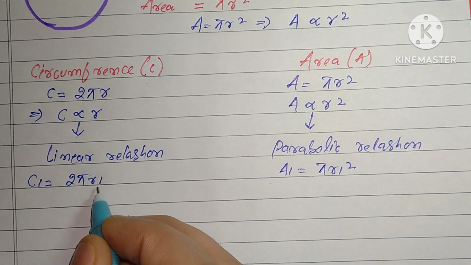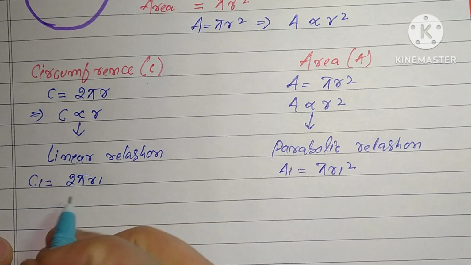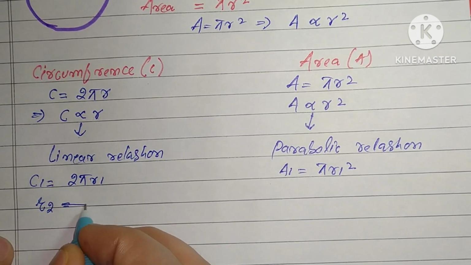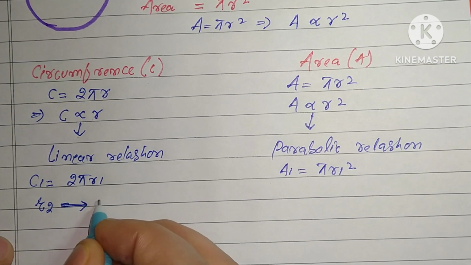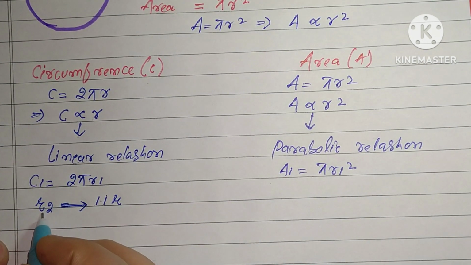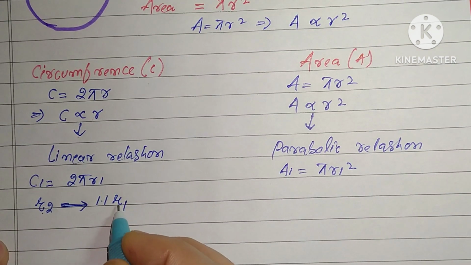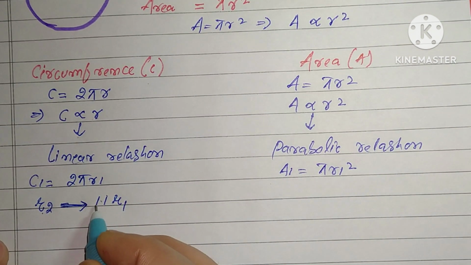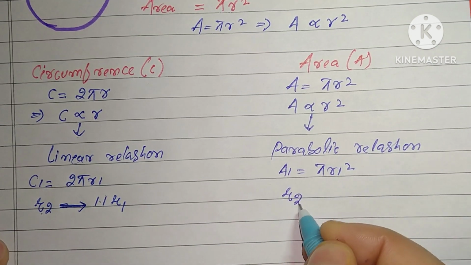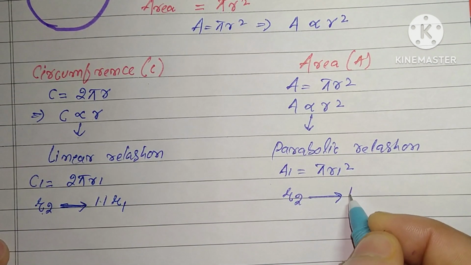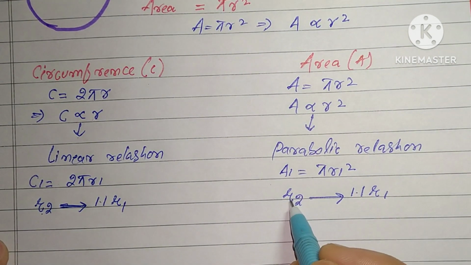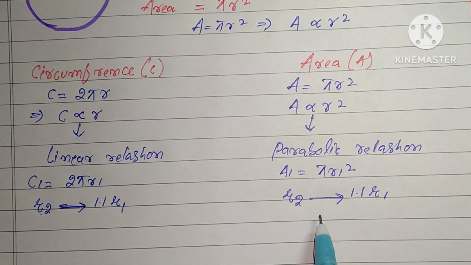Now if radius increases by 10%, the new radius r2 will become 1.1 r1. The multiplying factor will be 1.1. R1 is the original radius and r2 is the new radius, 10% more than the original radius.